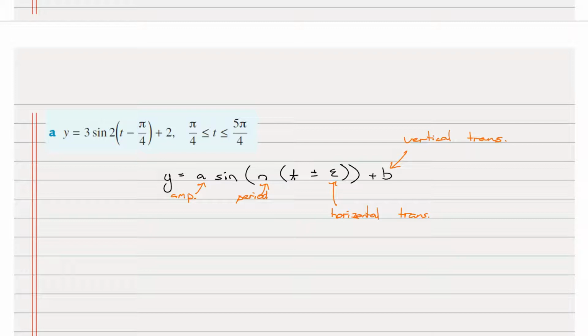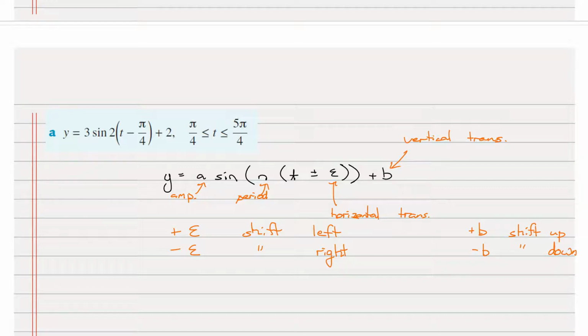The way this works is for positive values of epsilon, we shift everything to the left, and for negative values of epsilon, we shift everything to the right. Similarly, for positive values of b, we shift upwards, and for negative values of b, we shift downwards.